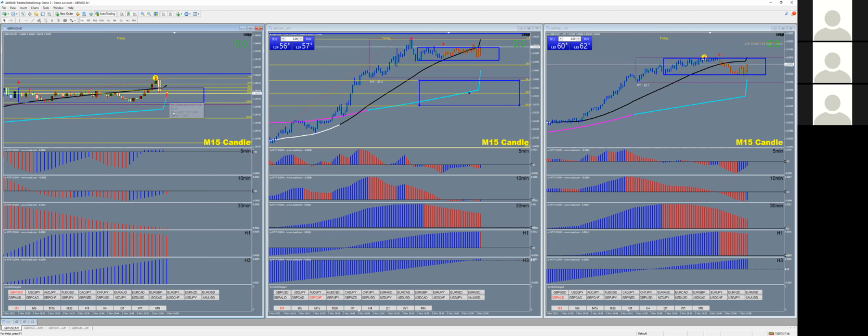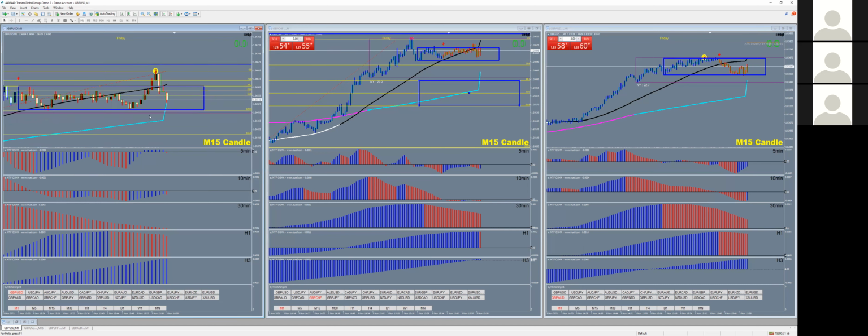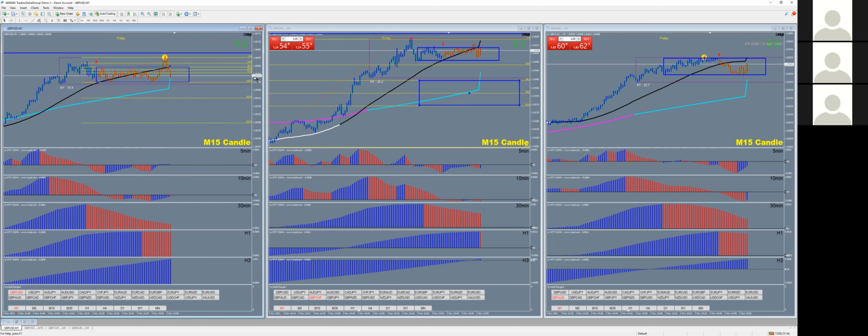Well, wait a little while because it's just turned 8, so it may get a lot of back and forth. You see, you're right back into the middle of this. So really, it won't start moving until it breaks out of this consolidation.